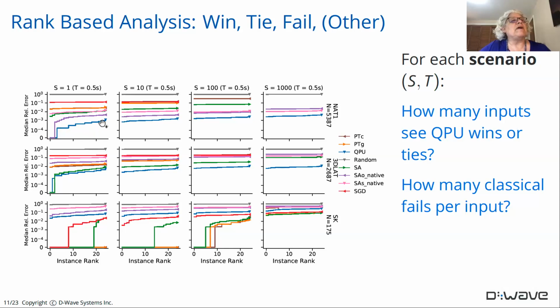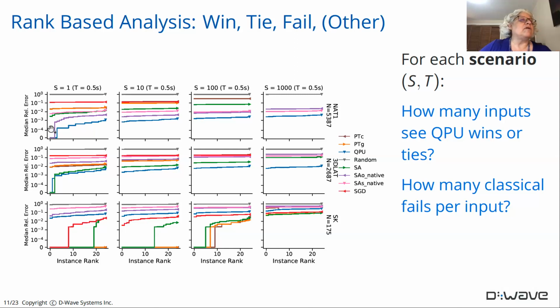And over these 25 inputs, these are empirical cumulative distribution plots that show performance on all 25. So over here is the worst that each solver did in this batch of inputs. In the middle is the median performance, and over here is the best case performance for each solver. And we put these on a log-linear scale.